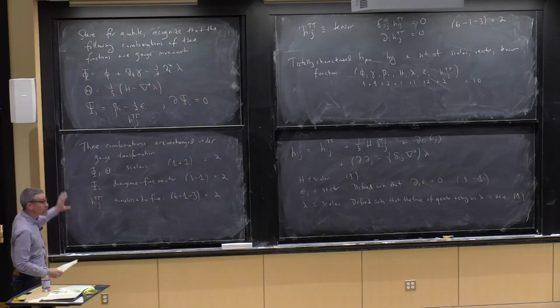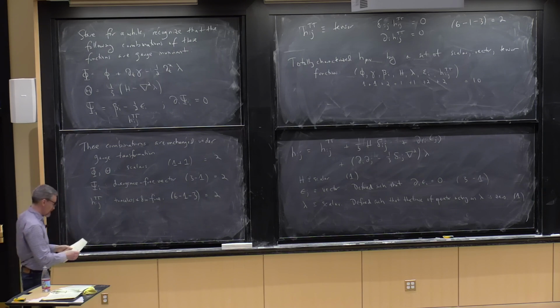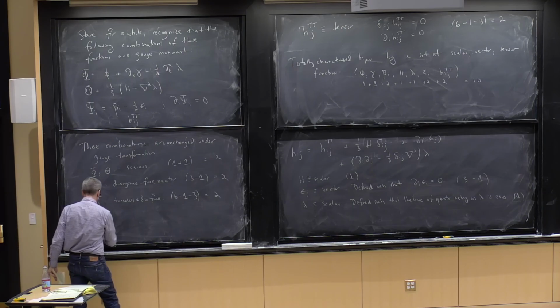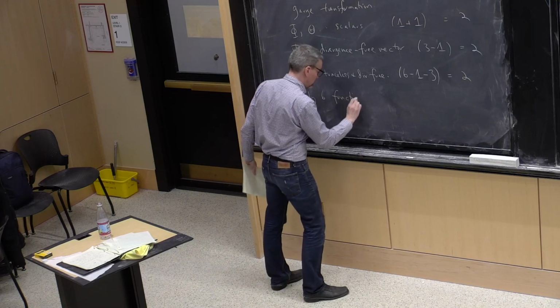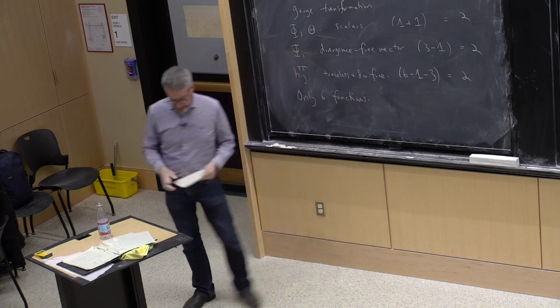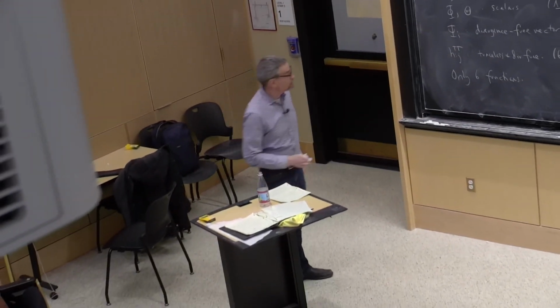So when I characterize the gauge-invariant degrees of freedom in the spacetime, I've only got 6 functions left. But this is good, right?